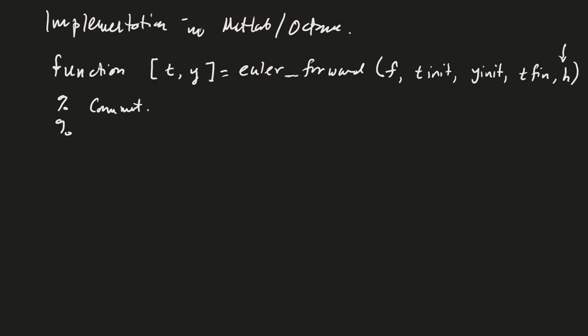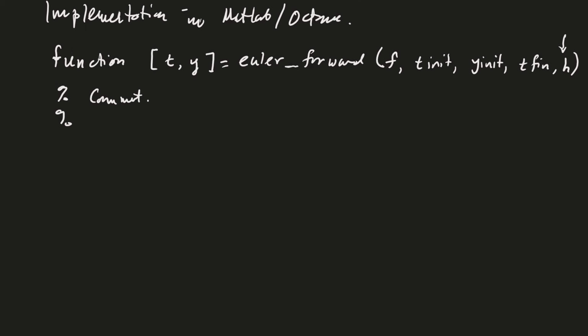Okay, and so what I'm going to do is first, because I know my initial and final time and step size, I'm just going to go ahead and define the entire time vector, t, and so that'll be t init, and then use the colon h colon t final. And so this is going to build my time values automatically for me.